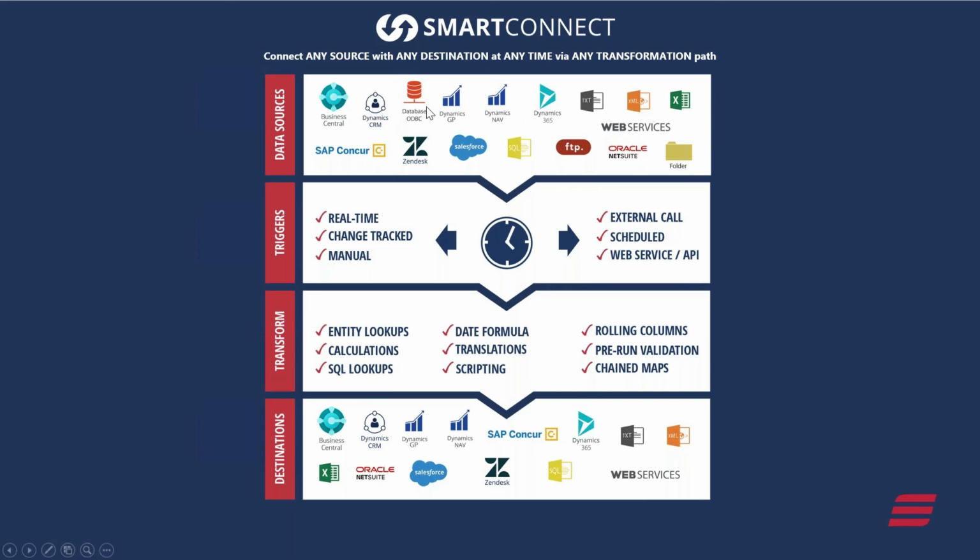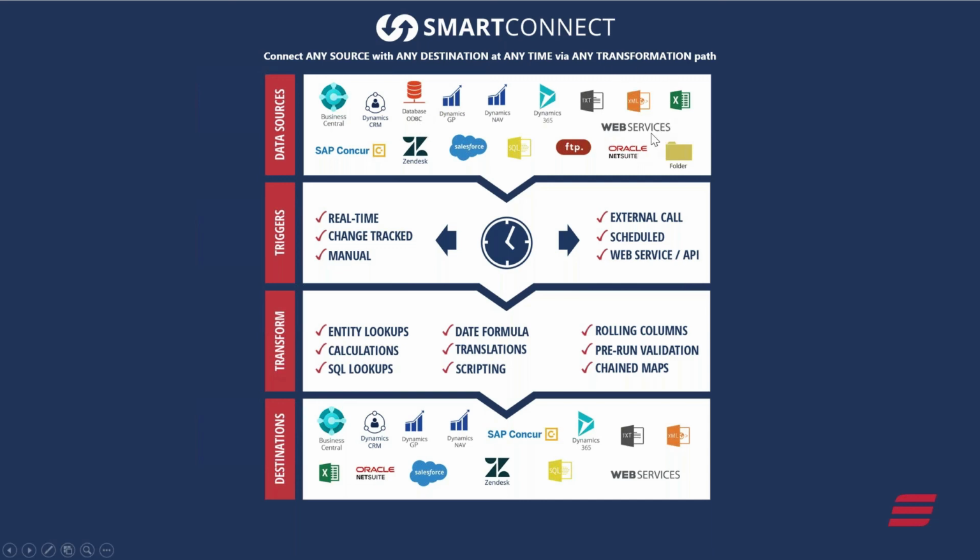So ODBC means we can connect to any of your on-prem data sources that use an ODBC connection, which is pretty much everything. So we can pull data from your MySQL or your Oracle database or your whatever. So that's our on-premise version of from anywhere.